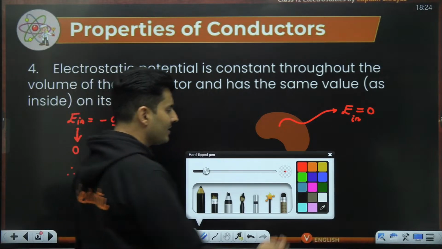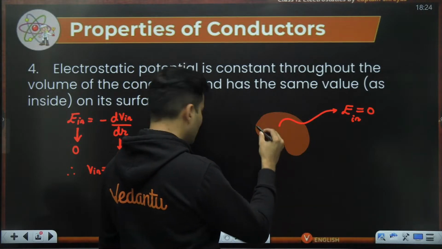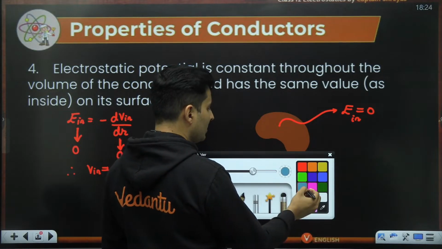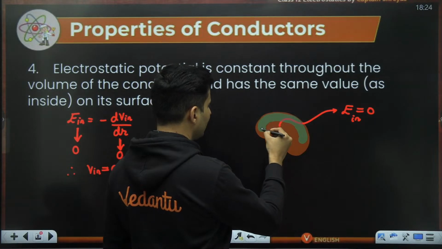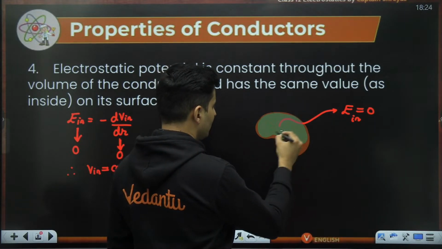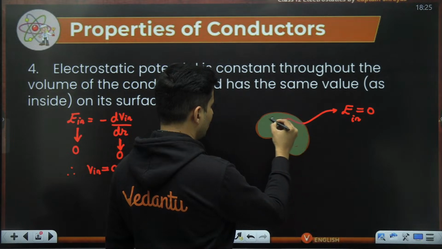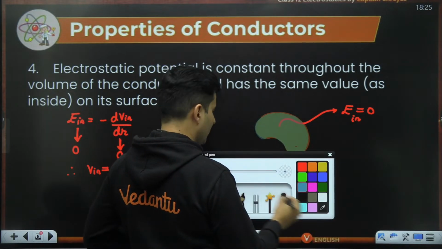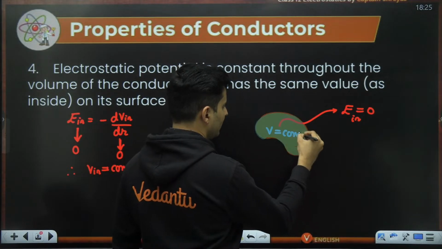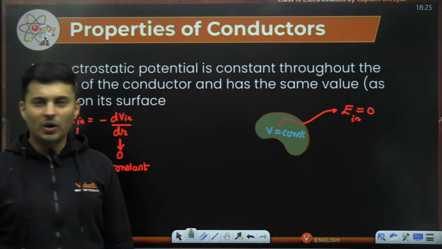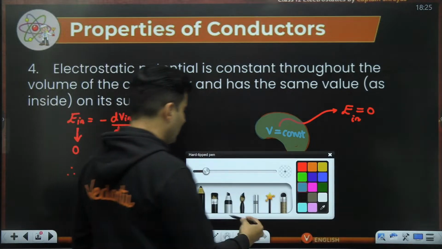So the entire conductor, including inside, is equipotential. I can mark this entire thing as being at constant voltage. Voltage will be constant throughout. But the moment you go outside, voltage will not be constant.